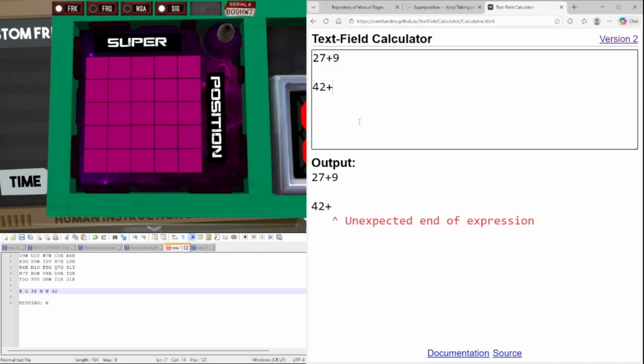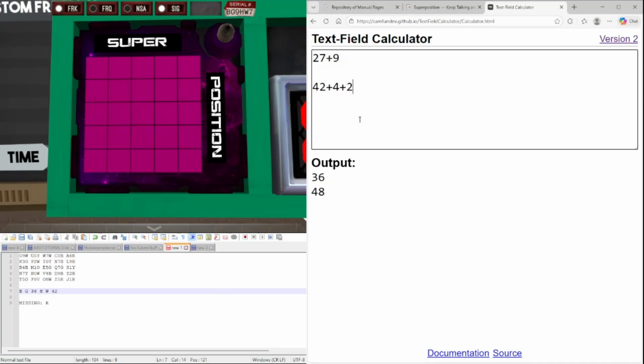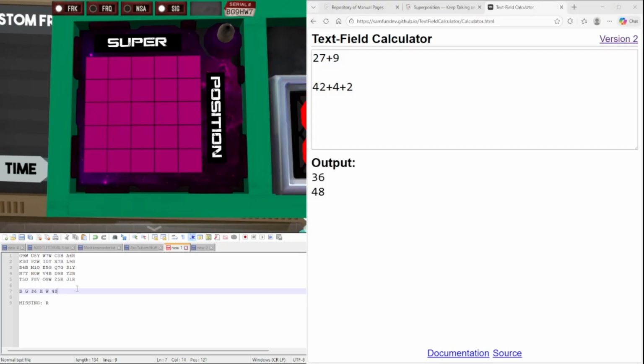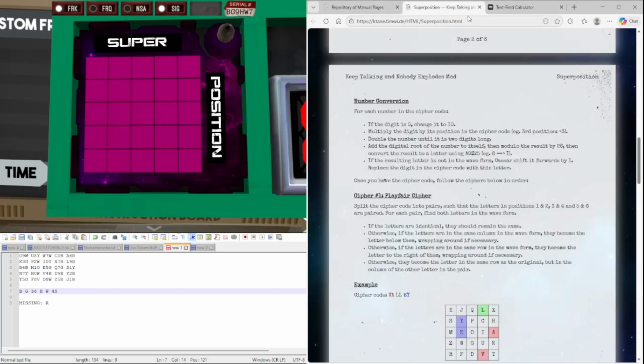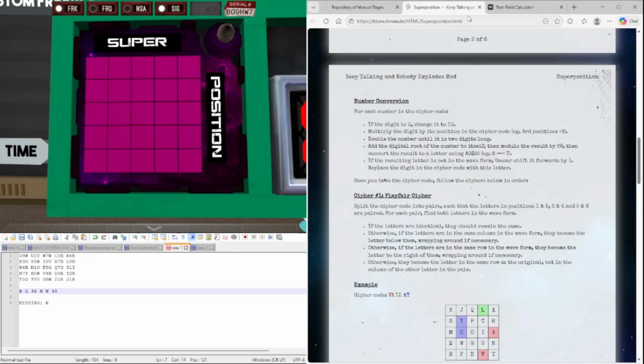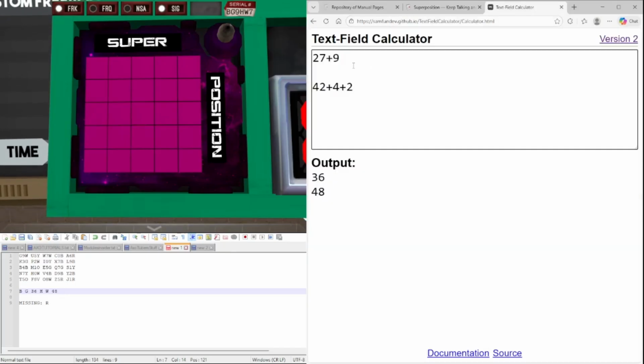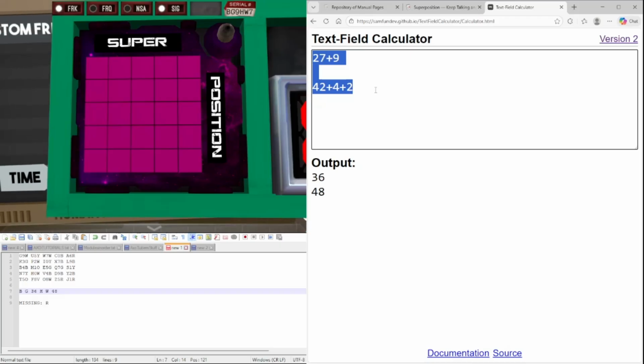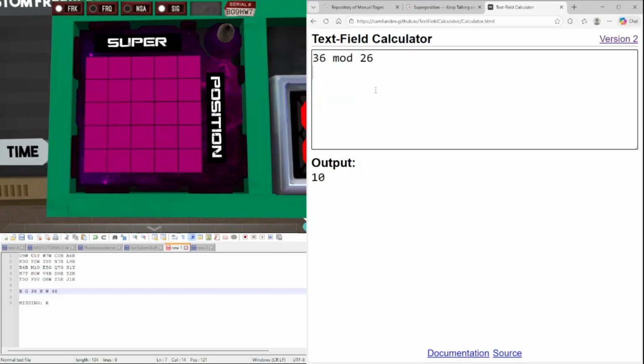It's 42 plus 4 plus 2, so it's 48. And then modulate the result by 26. So 36 mod 26 and 48 mod 26.